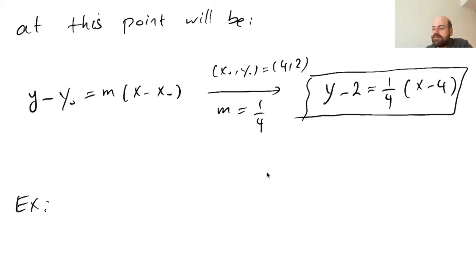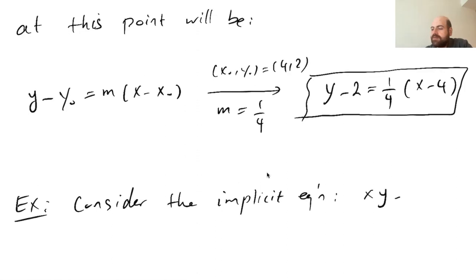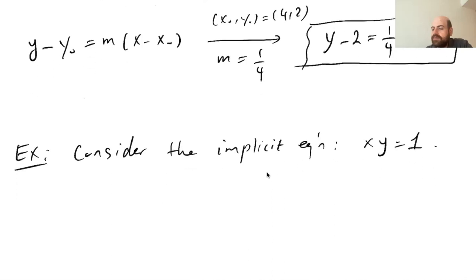Okay, let's look at the next example. Consider the implicit equation, let's say xy equals 1. So part A, again, find y prime equals dy over dx.